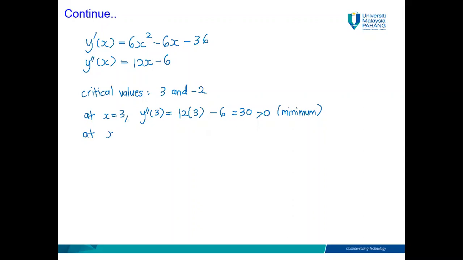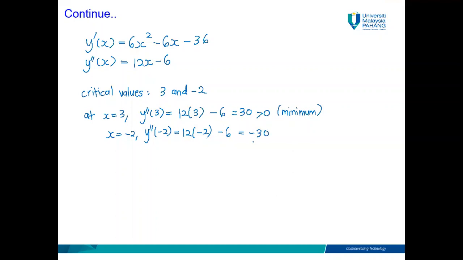At x is equal to -2. y double prime -2 equal to 12 times -2 minus 6. 12 times -2 is -24 minus 6, so -30.